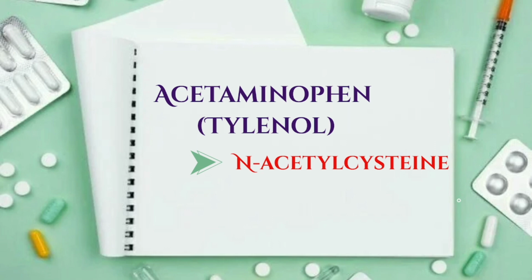Now the mnemonic, how we will remember this? Acid loves acid. This is very easy. This first acid stands for acetaminophen, and the second acid stands for acid in the acetylcysteine. So acid loves acid. That means acetaminophen antidote is N-acetylcysteine.